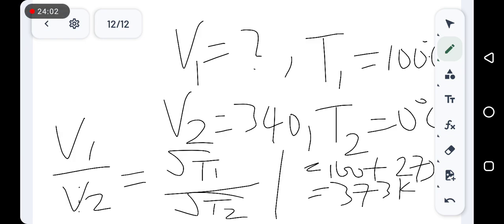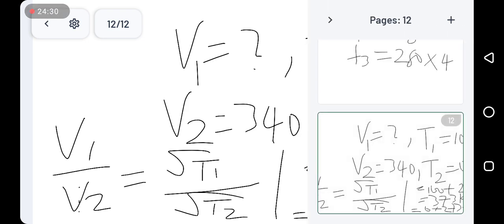For 0, it is 0 plus 273, and that will give us 273. So what it means is that our T1 is equal to 373, while our T2 is equal to 273. So we now put it in the formula.